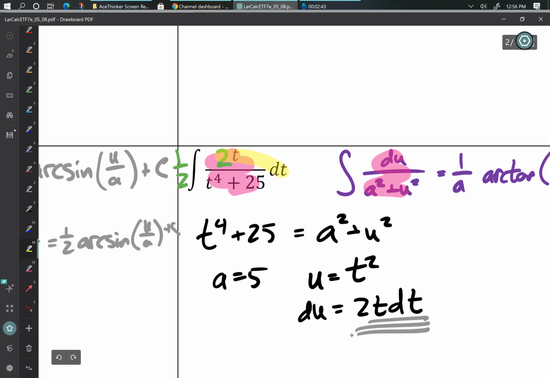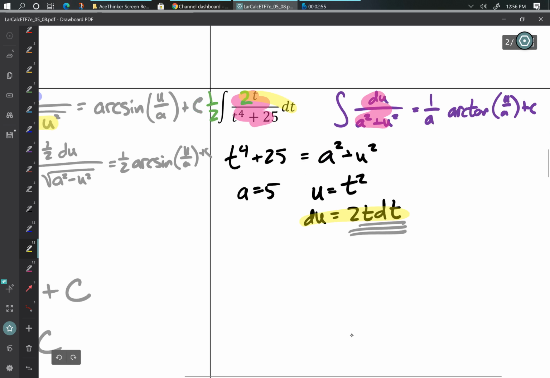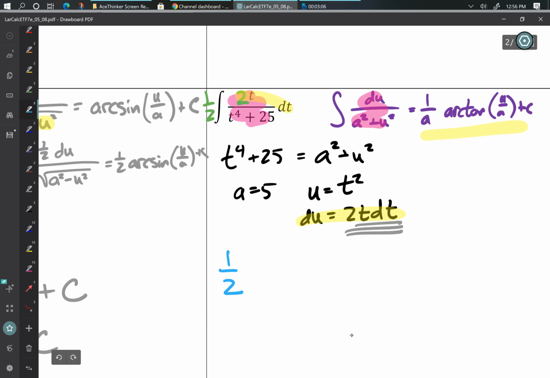2t dt matches my du part over here. And it would be much easier to make this substitution work. Okay? All right, so then doing this, it looks like everything matches up perfectly, and I can just go straight to the answer. There is the extra 1/2 from out in front, and I'm going to get the arctangent of my u, which is t squared over a, which was 5.